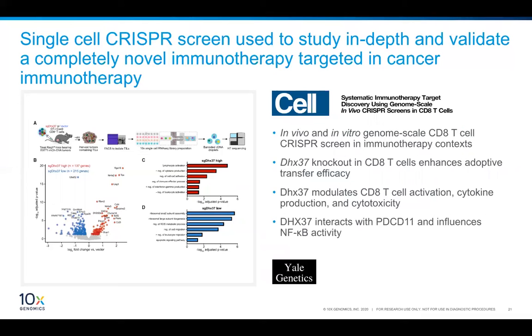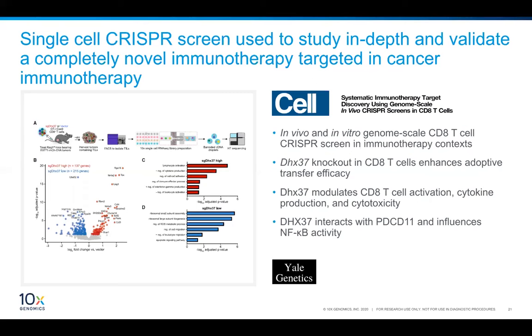The in vitro assays involve T cells from the same Cas9 mouse tested in a degranulation assay. Now, combining these two screens led the team to a short list of hits. In particular, DEAH box helicase 37, or DHX37, appeared as a hit. So this target has not been previously associated with T cell functions.